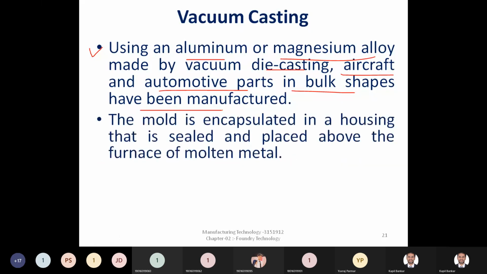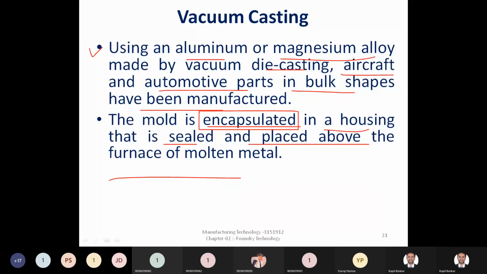The mold is encapsulated in a housing that is sealed and placed above the furnace of molten metal. It is encapsulated, meaning it is sealed from all sides so that the vacuum cannot be released.